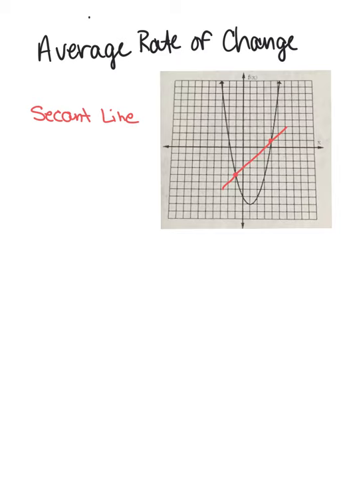Right now I'm just going to talk about a generic interval, from A to B. The slope of the secant line through my interval is going to be f of b, the second part of my interval, minus f of a, over b minus a. So you're going to want to keep that formula handy.